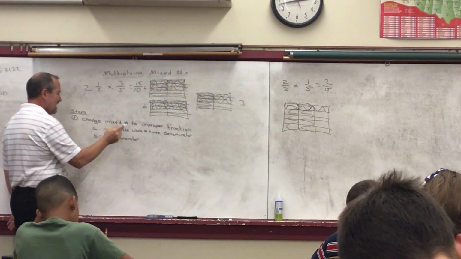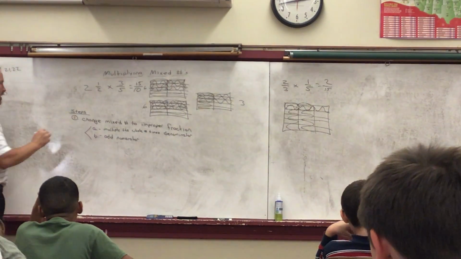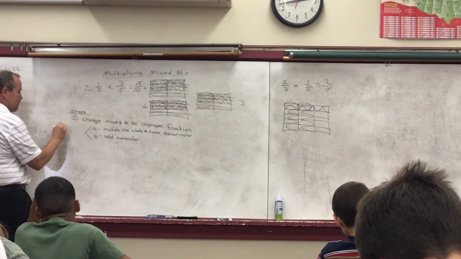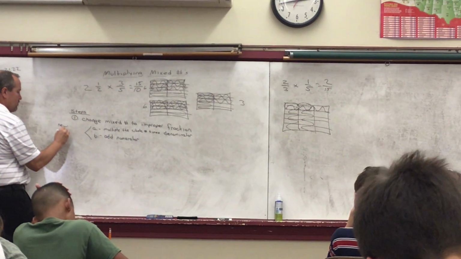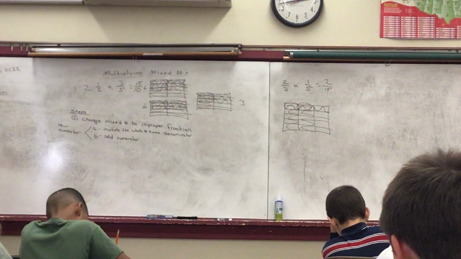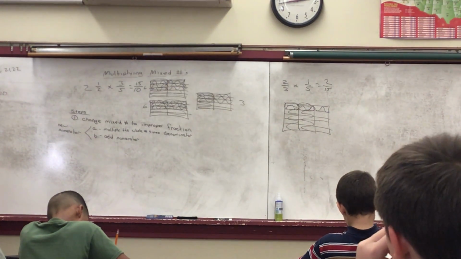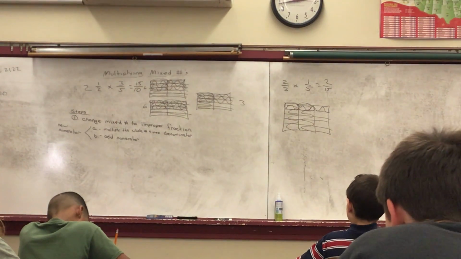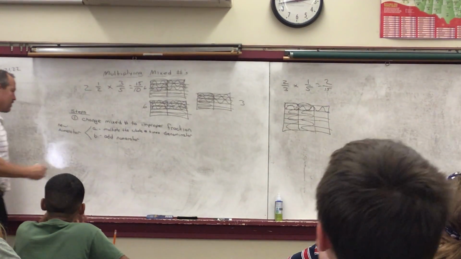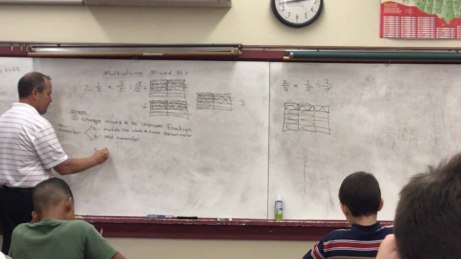Okay, so these two combined make the new numerator. So multiply the whole number times the denominator and then add the numerator. That gives you the new numerator. The denominator stays the same.